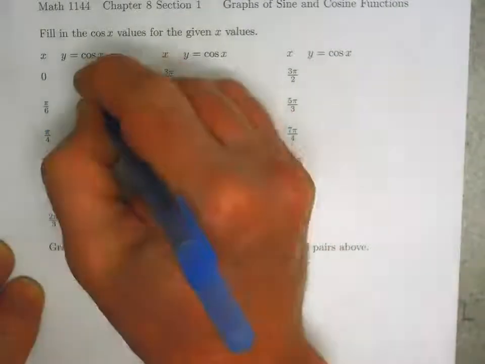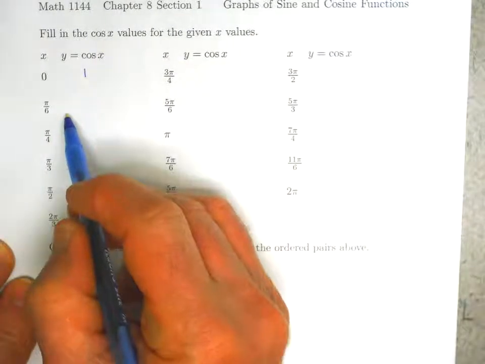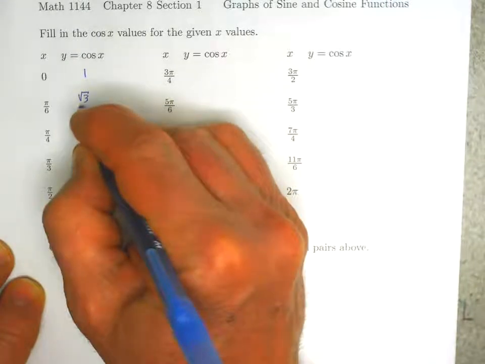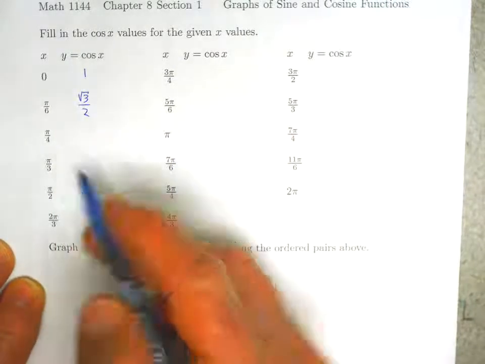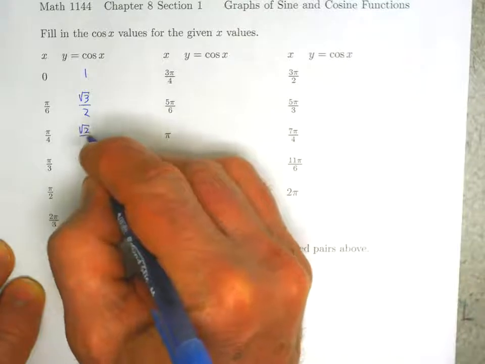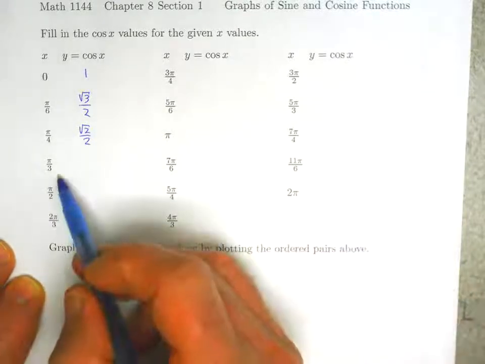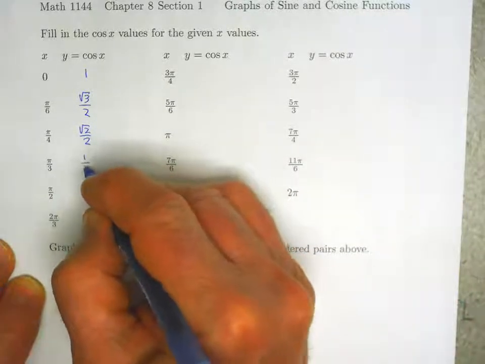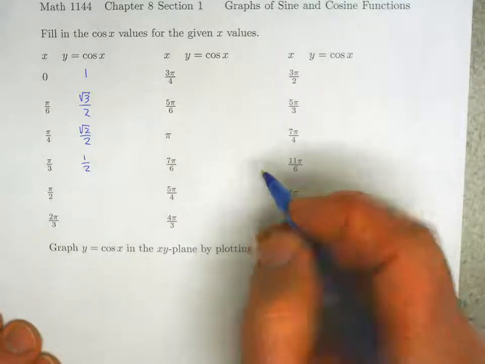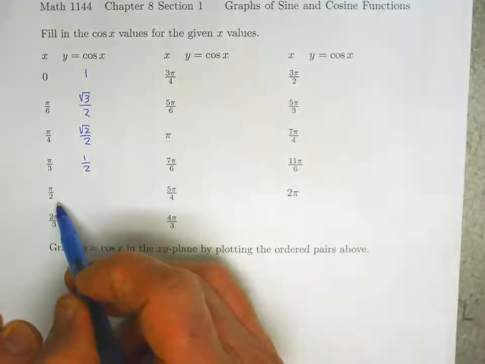Cosine of 0 is 1. Cosine of pi over 6 is the square root of 3 over 2. Cosine of pi over 4 is the square root of 2 over 2. Cosine of pi over 3 is 1/2. Cosine of pi over 2 is 0.